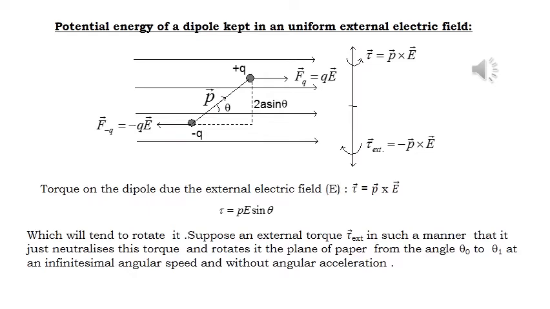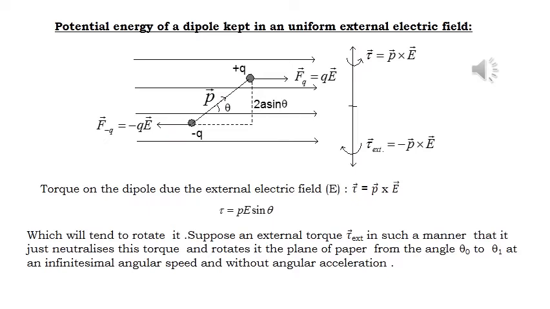But if you apply an external torque to balance it, tau equal to P cross E in the opposite direction, actually in the clockwise direction, the net torque will be 0 at a stage, and it tends to rotate the dipole by some amount theta in the opposite direction.